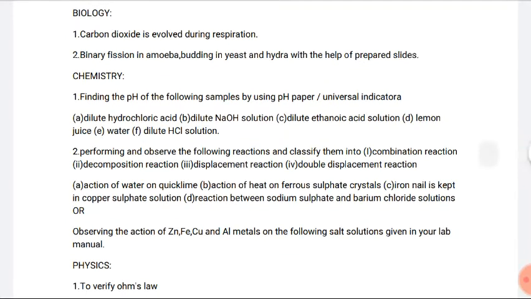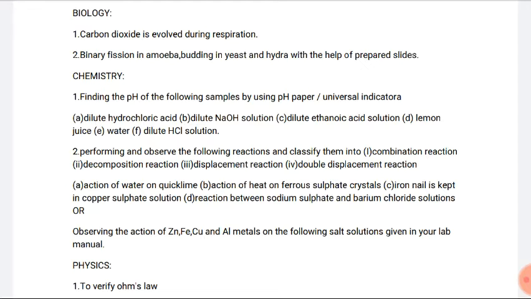Now, how to write the experiments. The whole instruction on how to write the experiment is given on page number 18 of your lab manual. You search page number 18, where it is given which parts you have to write.